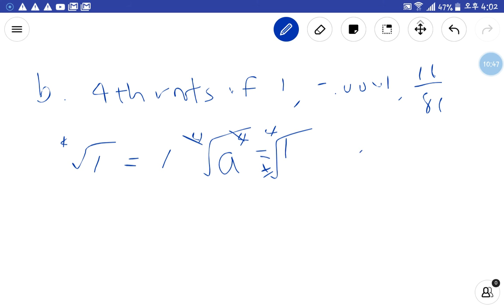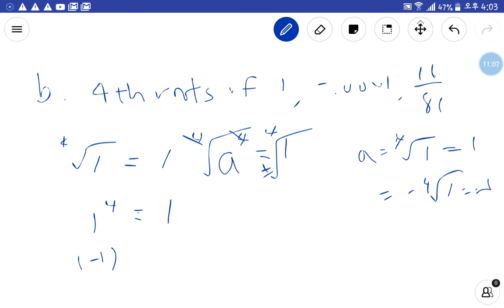Then my a would be the fourth root of 1, and another answer is going to be negative fourth root of 1. This is 1, this is negative 1. How do we know that? Because 1 to the fourth power equals 1. Also, negative 1 to the fourth power equals 1 as well. That's why your fourth root of 1 would be plus or negative 1 this time.